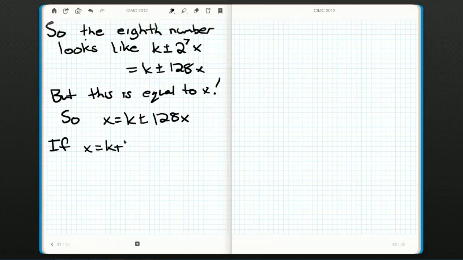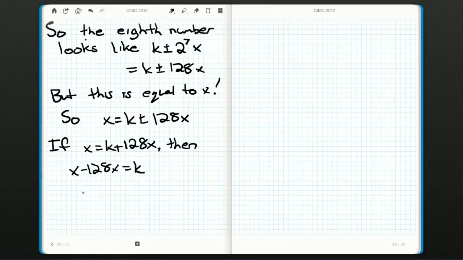So, first of all, we start off with this case. Let's assume it's plus. Then we can rearrange and say x minus 128x is equal to k. K is some integer, some even integer, in fact. Okay.